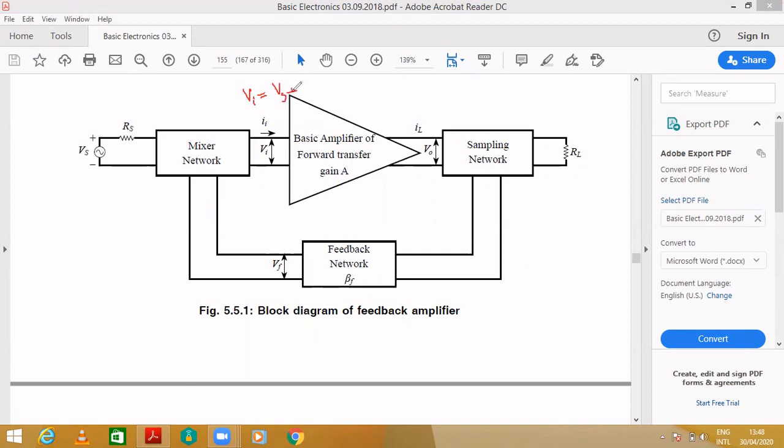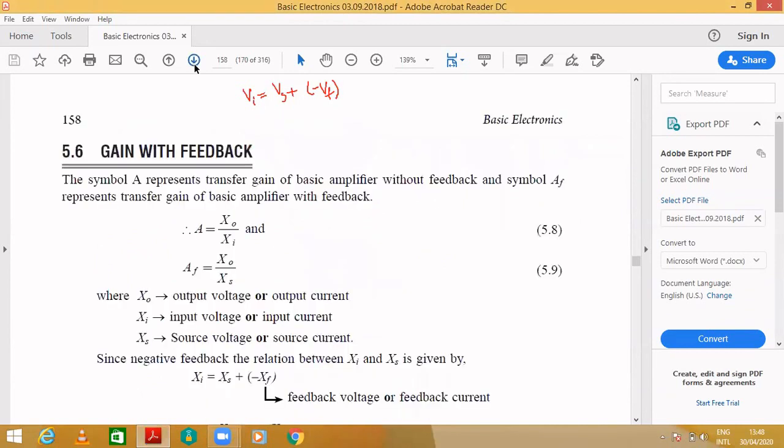If I'm using negative feedback, it will become minus Vf. This is what is written in the derivation. I may be using voltage or current, so that's why xi equals xs plus or minus xf. That's what I have written over here.